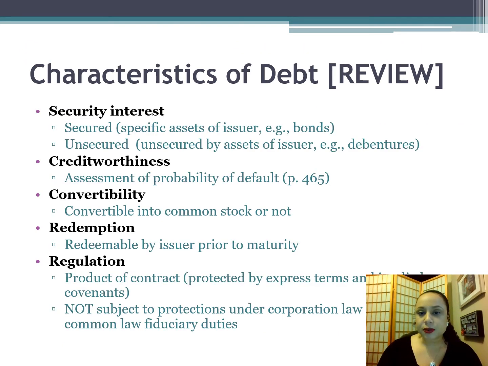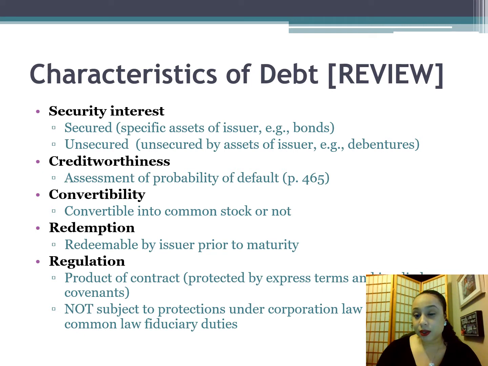Other characteristics that we very briefly discussed: the extent to which each debt instrument carries a security interest. We discussed the extent to which each debt instrument is deemed creditworthy, and there are various mechanisms for rating the creditworthiness of a particular debt instrument.